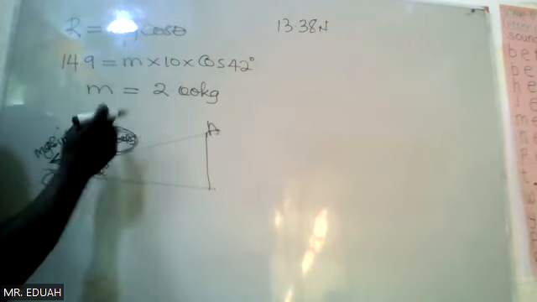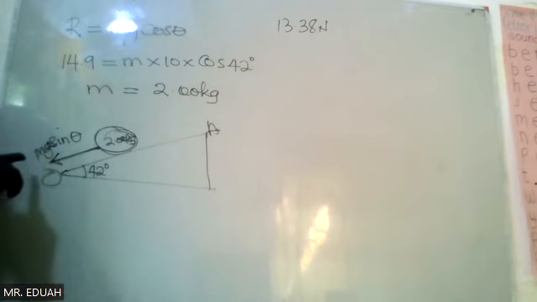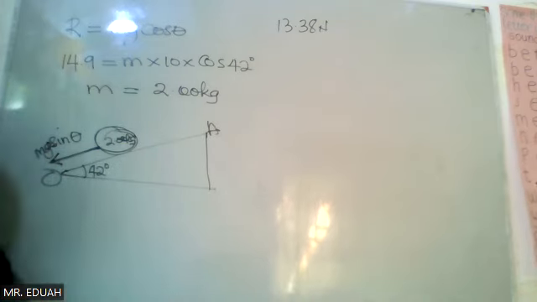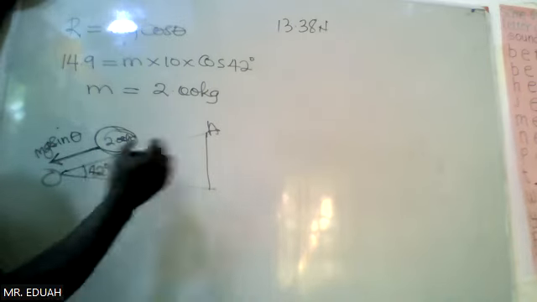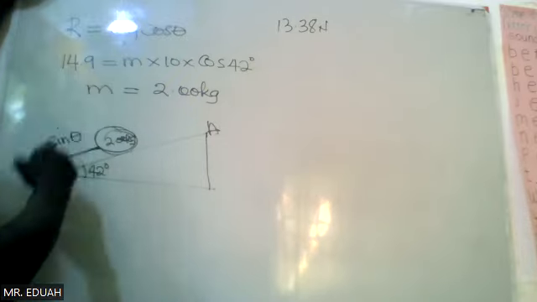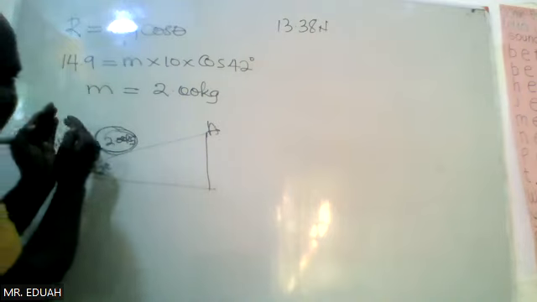So if you leave it, it is always rolling down because, as I said, there's a natural mg sine theta acting down the plane. Now we want another parallel force which will keep this body at rest. So it's like you want to stop it to stay stationary.